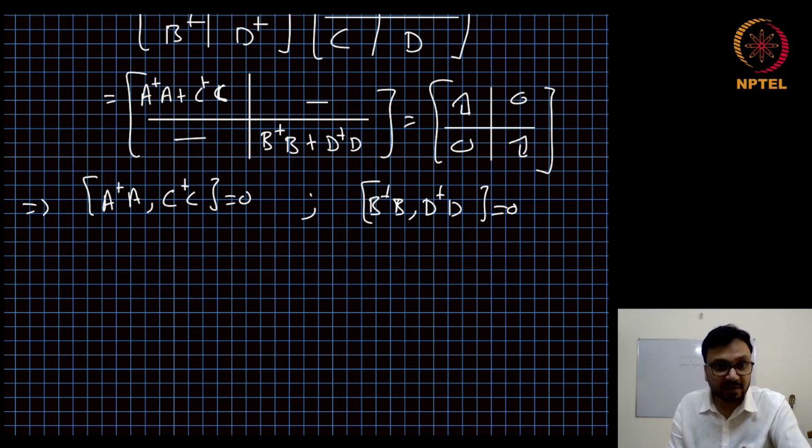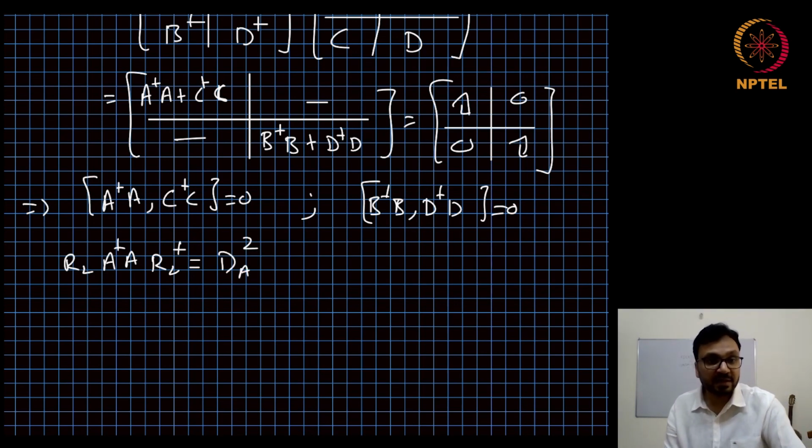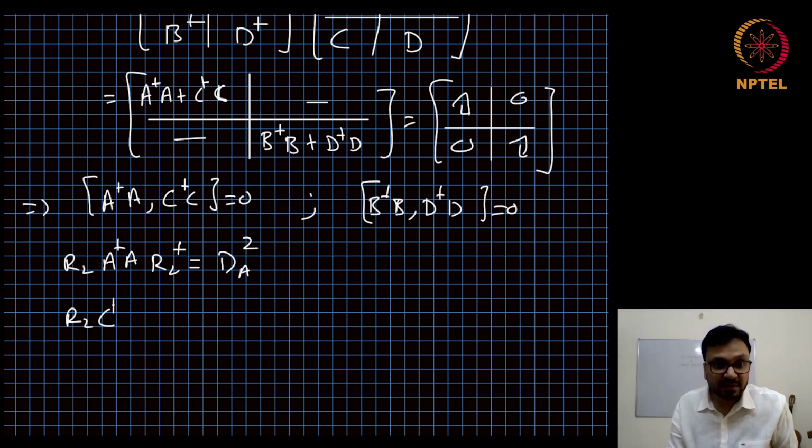It means we can have some unitary R1 such that R1 A dagger A R1 dagger equals dA square. The spectrum of A dagger A and A A dagger will remain the same in this case. And R1 C dagger C R1 dagger is dC square.